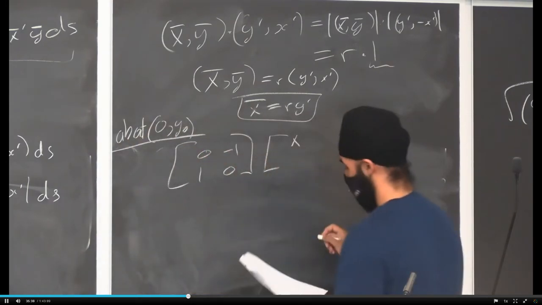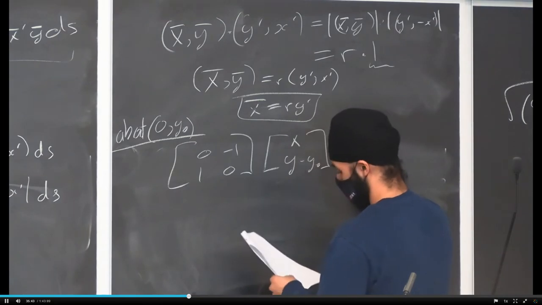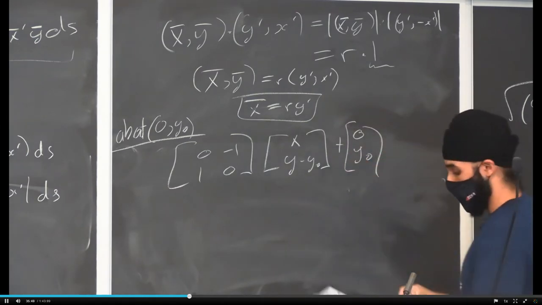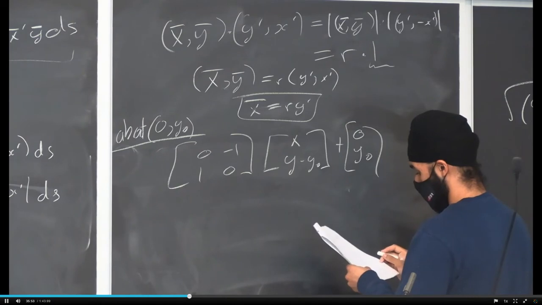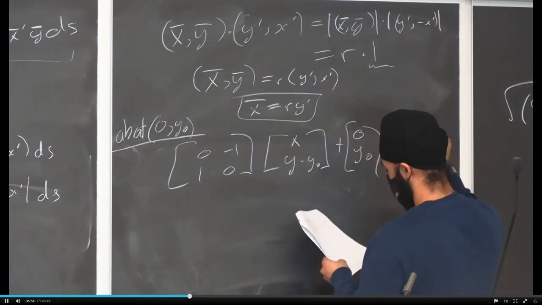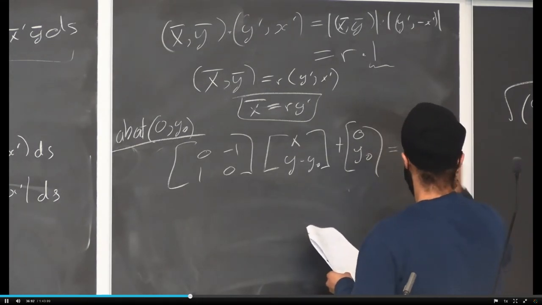We get (x, y minus y0), plus, we have to recenter it to the same point, which is going to be equal to (minus (y minus y0), x plus y0).